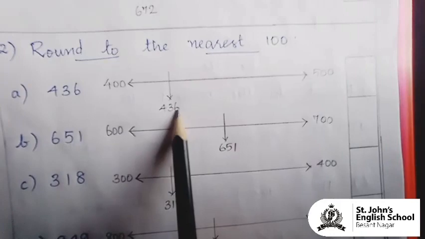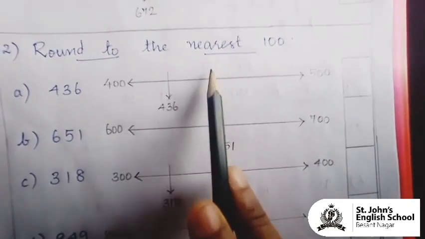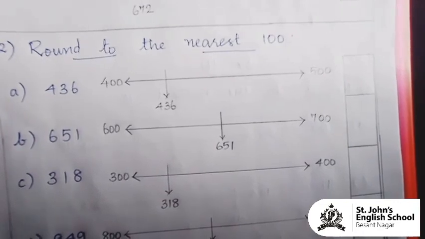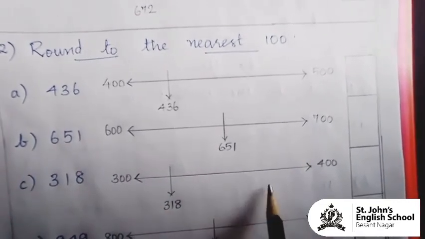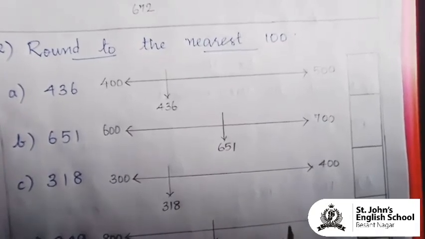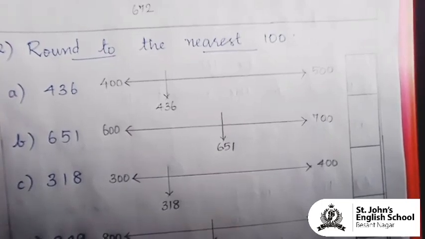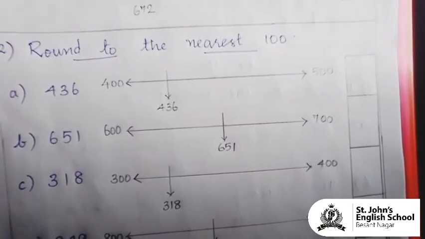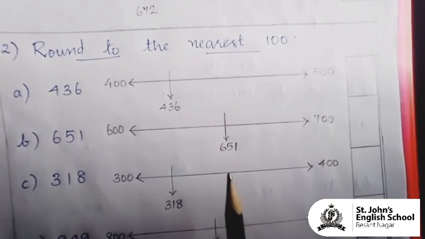Before doing this sum, let us imagine what comes in the middle. For example, we have 100, 200. In between 100 and 200, what is there? The exact middle, that is 150. So now this 50 is there in the middle.